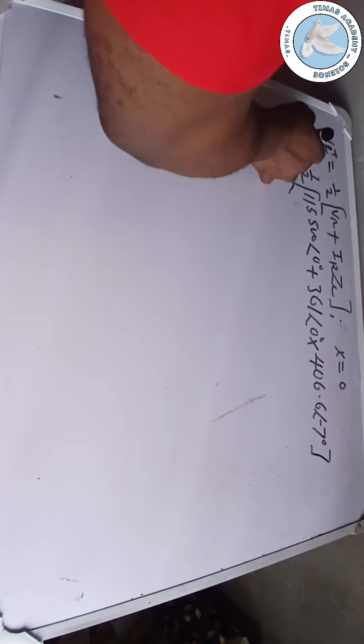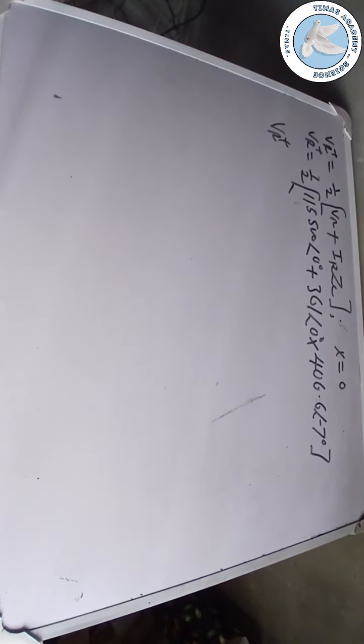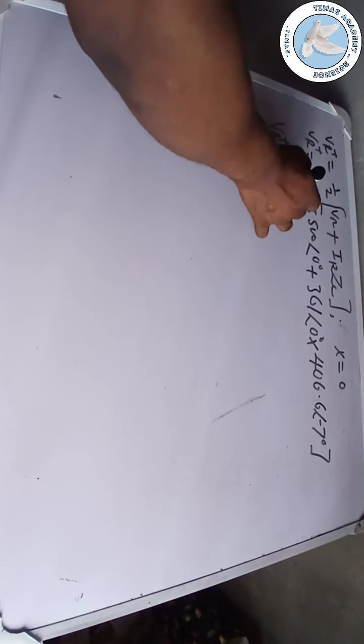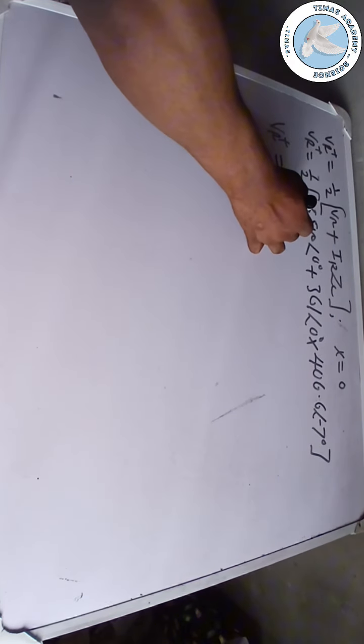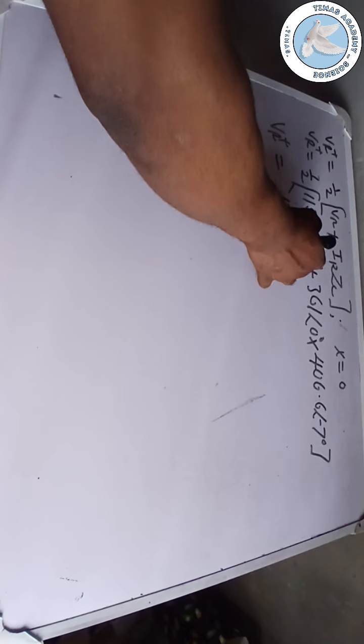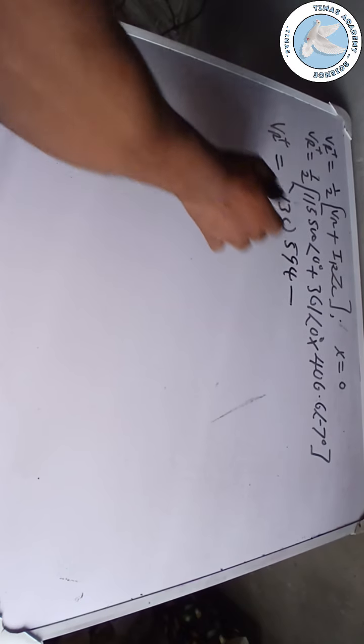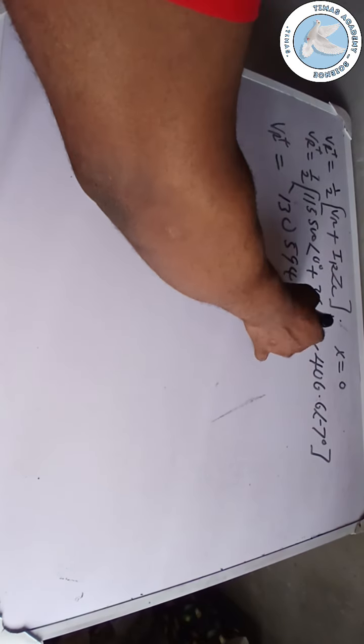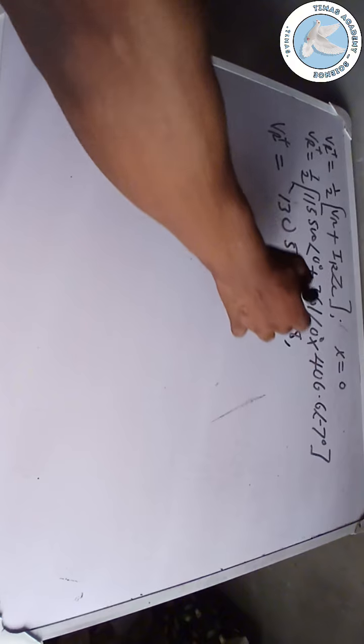So if you are using your calculator to have all that, you are going to be having 13.5 minus j0.944.